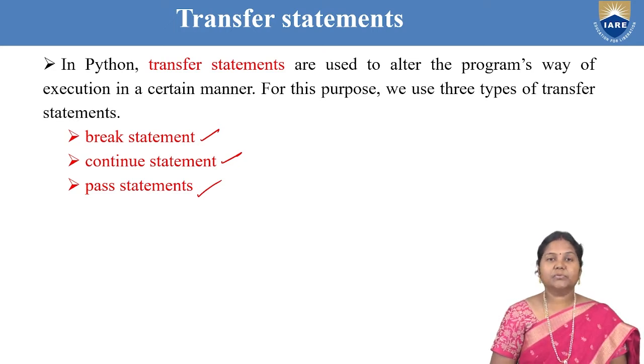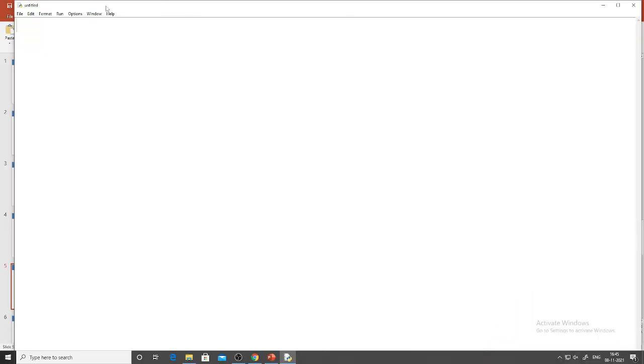Now let us switch over to IDLE, that is nothing but to execute our Python programs. We are using IDLE, and let us switch over to that and execute a number of programs on control flow statements. Now here we are going to write our first program.